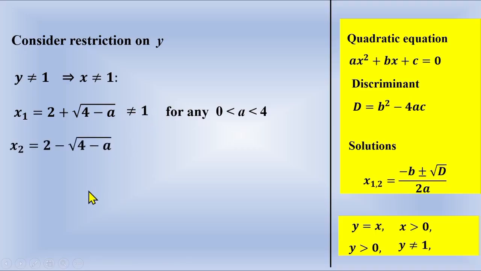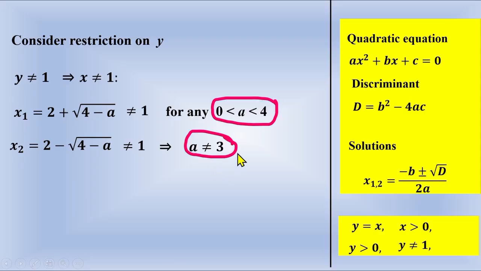Equation 2 we should analyze separately. So we write this in the form a not equal to 3. It's evident that only at a equals 3, x2 equals 1.